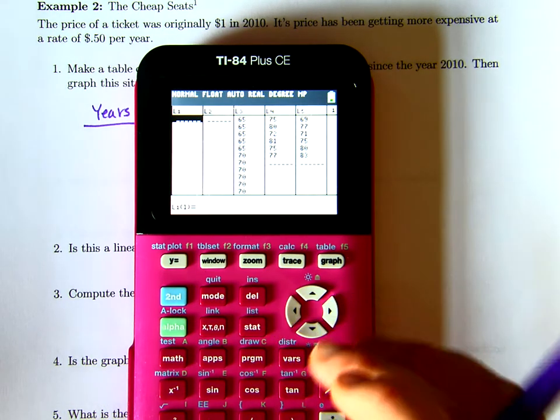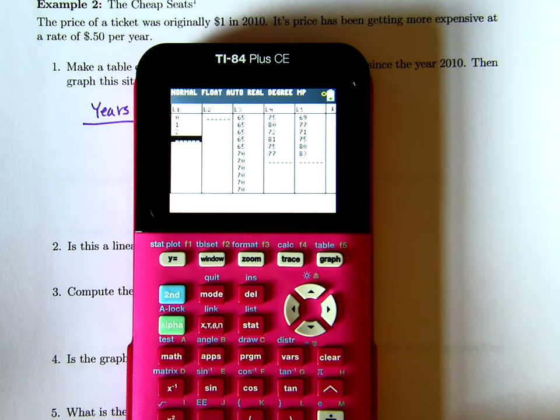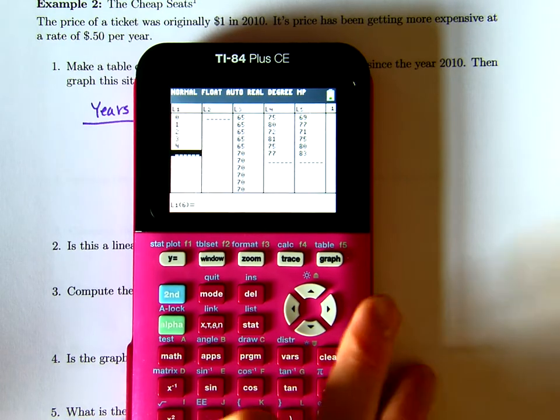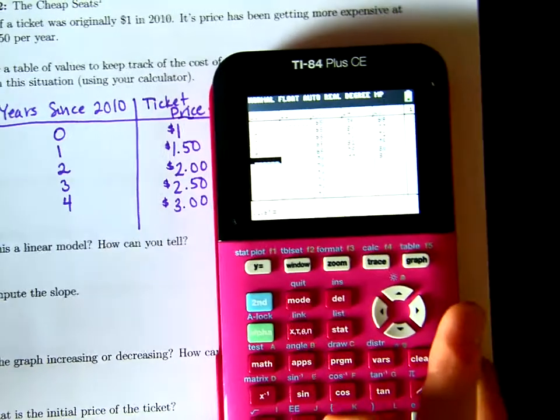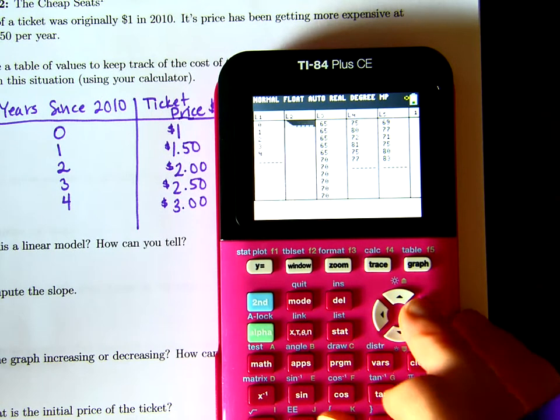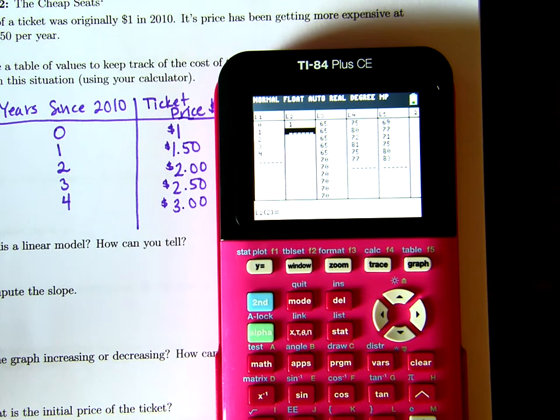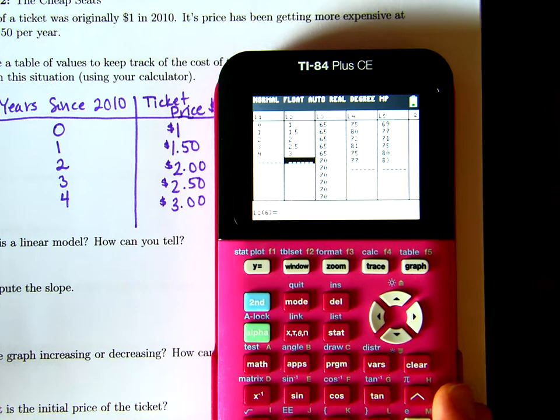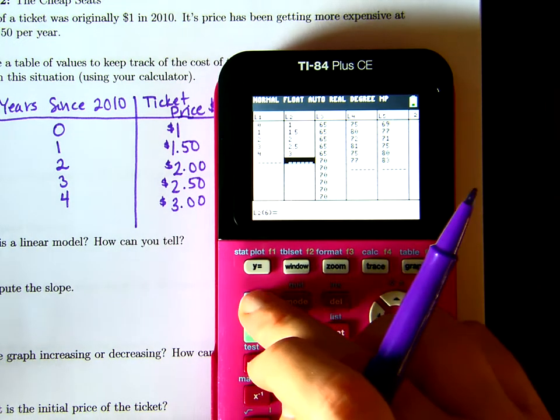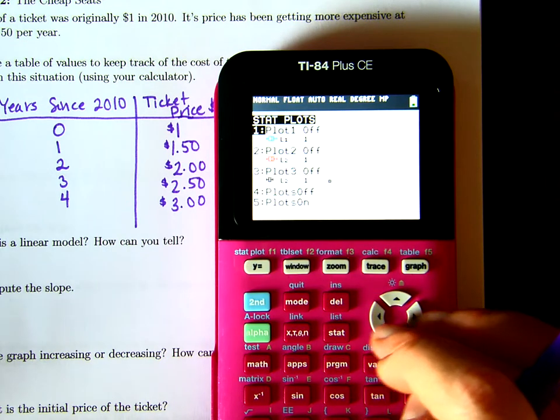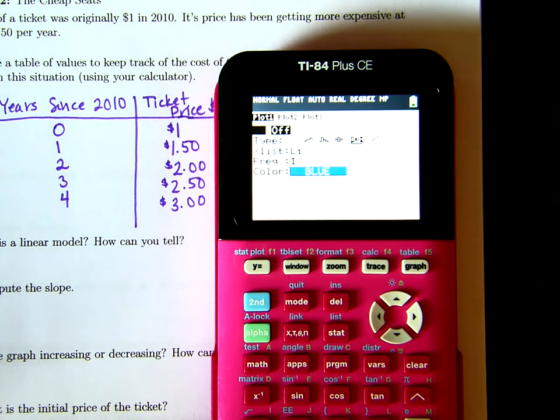And in list 1, I'm going to put 0, 1, 2, 3, 4. Did we go up to 4? We sure did. And in list 2, I'm going to put $1, $1.50, $2, $2.50, $3.